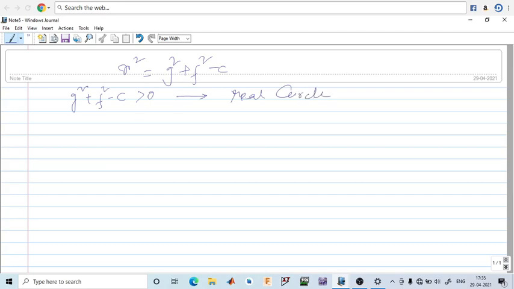If radius equals 0, then it is called a point circle. If radius is less than 0, then it is called an imaginary circle.